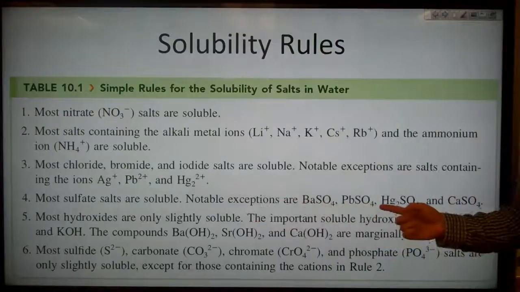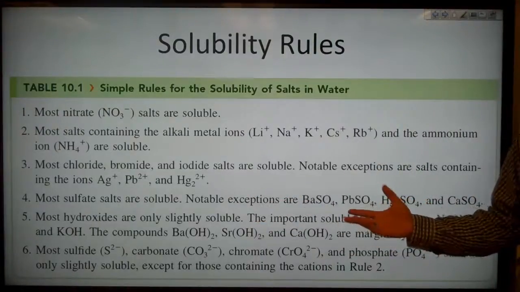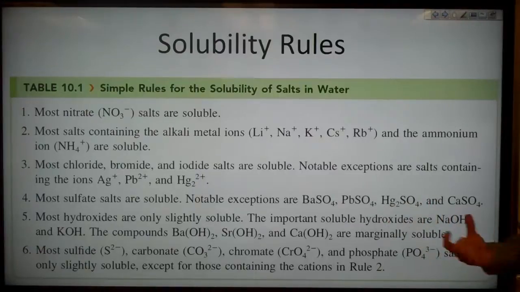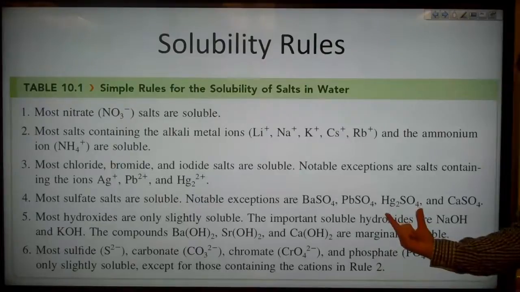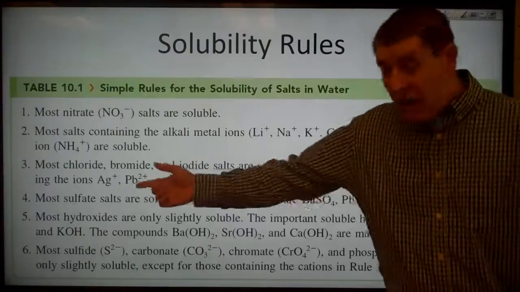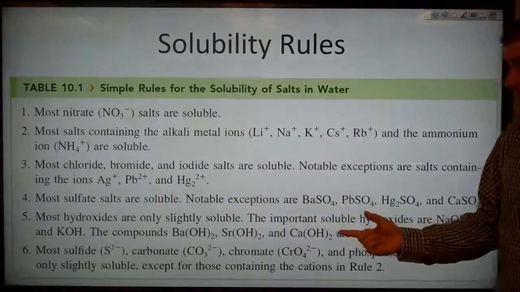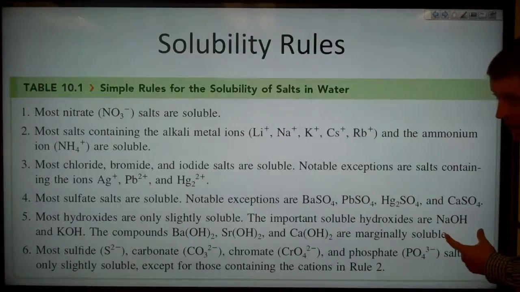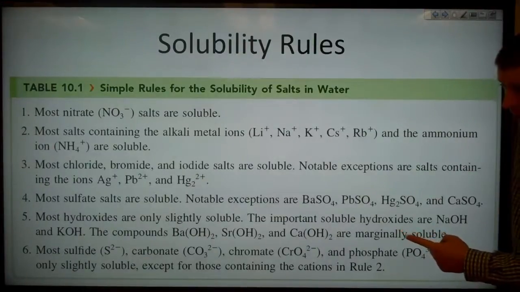Most sulfate salts are soluble. This is rule 4. Notable exceptions are barium sulfate, lead sulfate, this is lead 2 sulfate, mercury 1 sulfate, and calcium sulfate. Rule 5 says most hydroxides are only slightly soluble. The important soluble hydroxides are sodium hydroxide and potassium hydroxide.